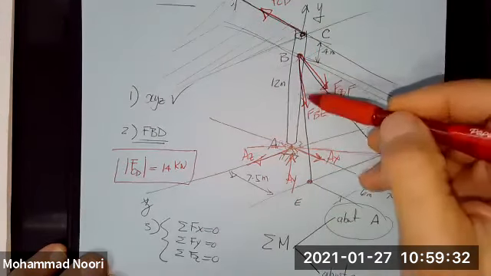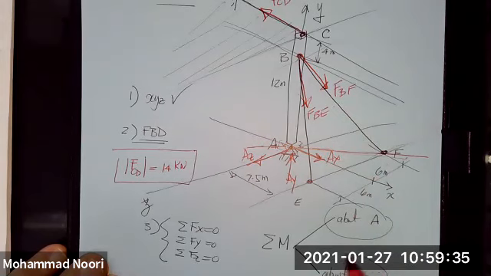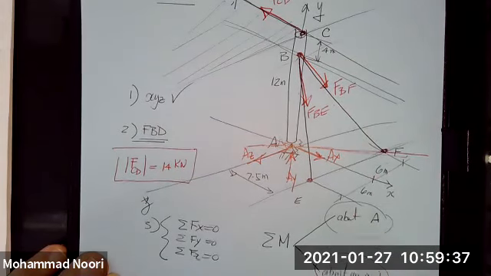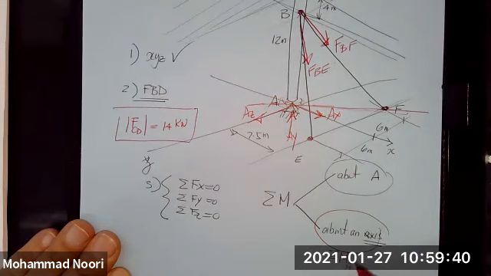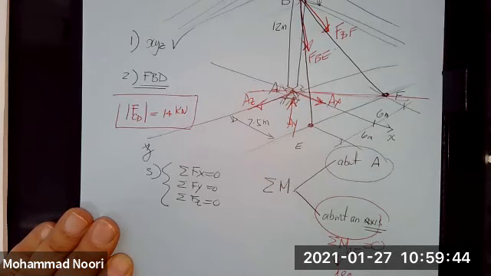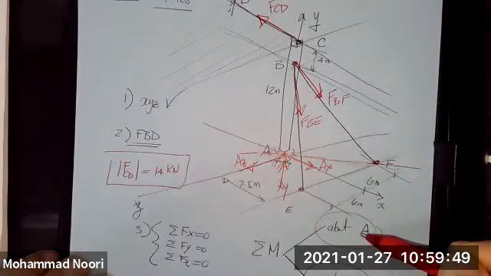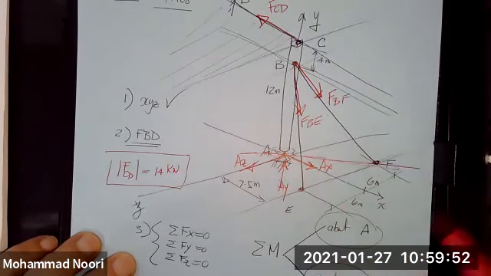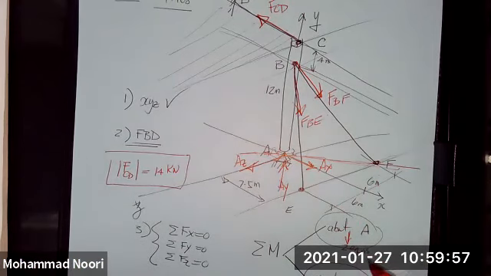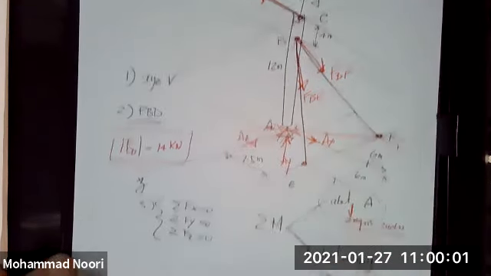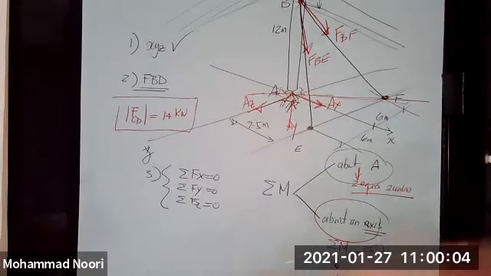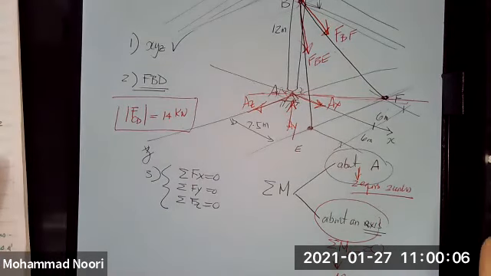This is known. So if I use summation of moments about AF equal to 0, this gives me one equation, one unknown. If I use this one, I got rid of three unknowns. So this will give me two equations and two unknowns. Either approach is perfectly fine.